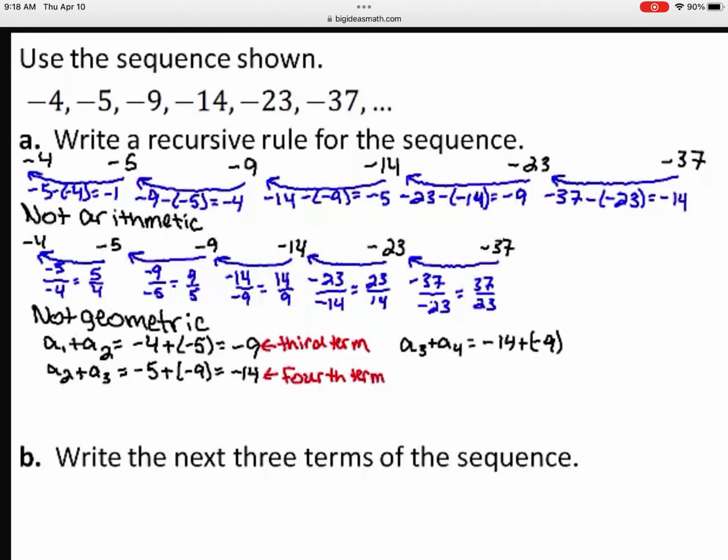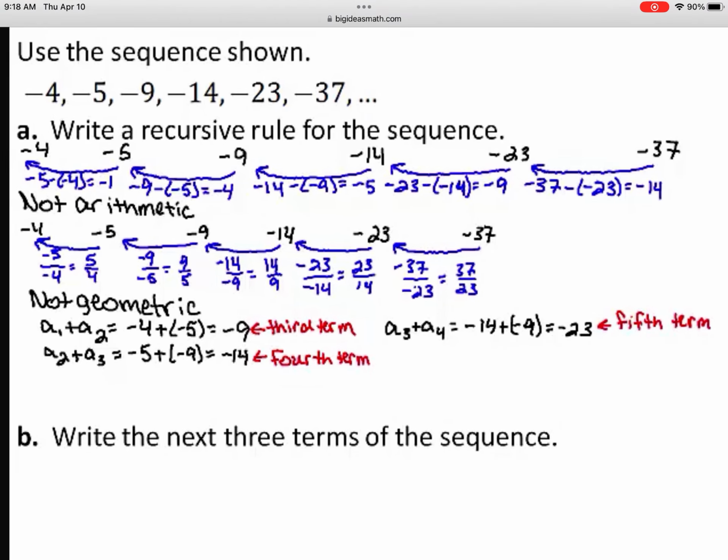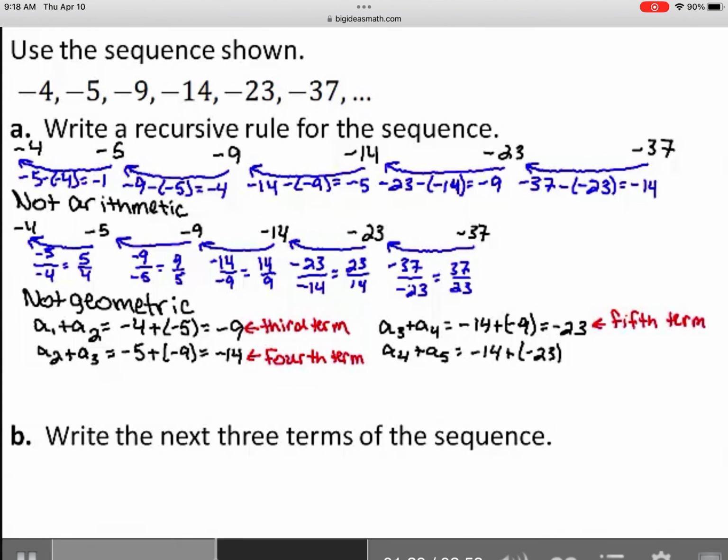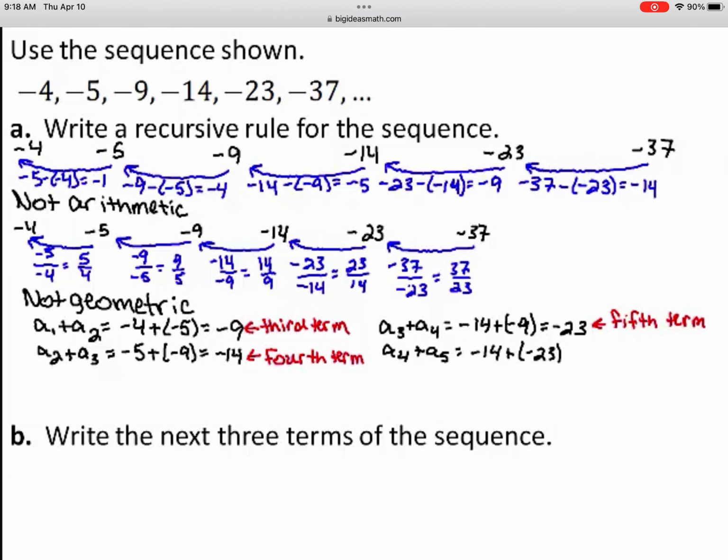A sub 3 plus a sub 4 equals negative 9 plus negative 14, which equals negative 23, which is the fifth term. And a sub 4 plus a sub 5 equals negative 14 plus negative 23, which equals negative 37, which is the sixth term.